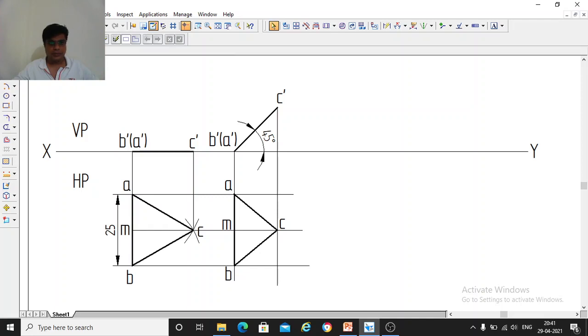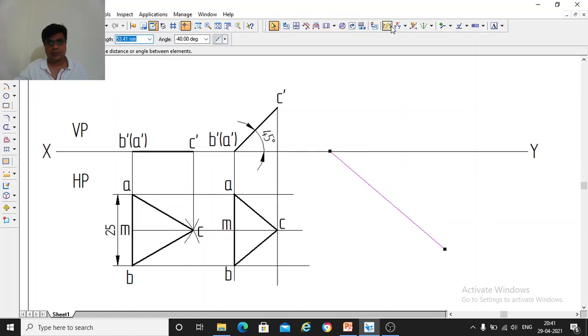As usual, it appears to be inclined at 40 degrees to VP, so you draw a line at 40 degrees to VP. Whatever angle is there, just draw it. Draw a thin line at 40 degrees to VP.